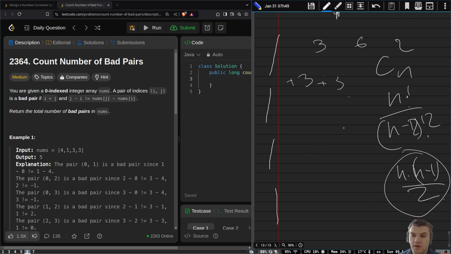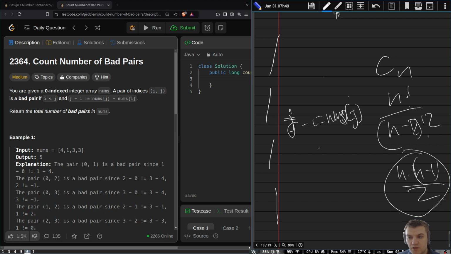Okay, and then I need to count the number of those pairs where j minus i equals nums j minus nums i.